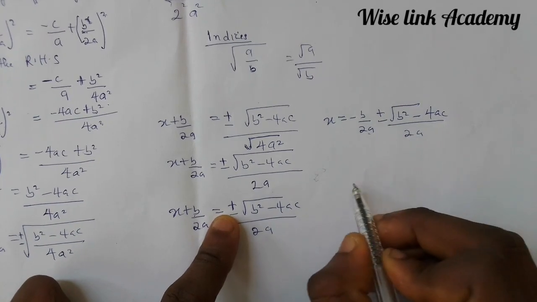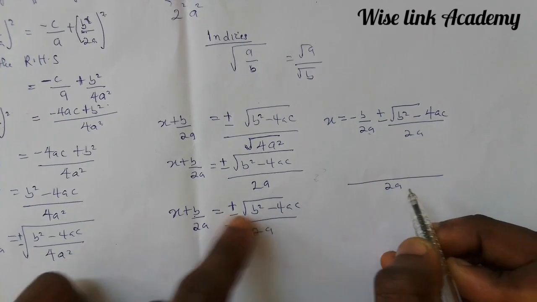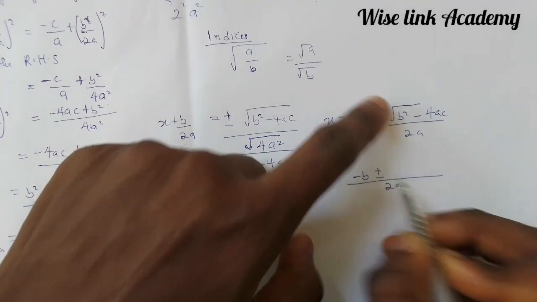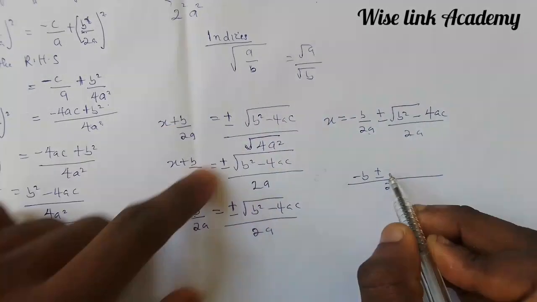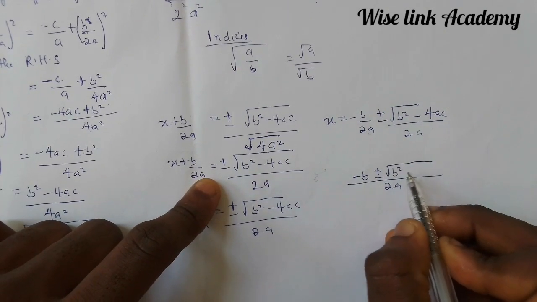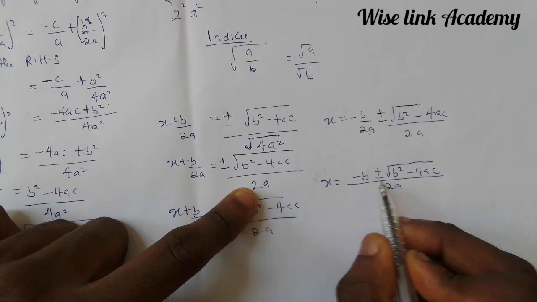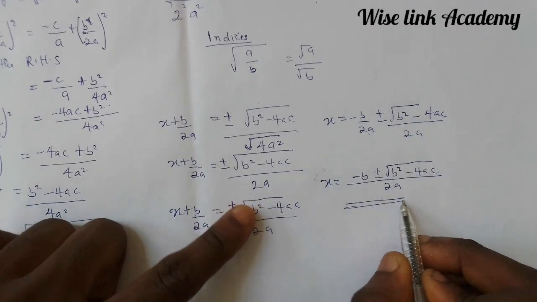The LCM of these is 2a. 2a divided by 2a is 1, and 1 times this is minus b, plus or minus this, and 1 times this is root b squared minus 4ac. So we have x equals minus b plus or minus root b squared minus 4ac over 2a. This is our final answer.